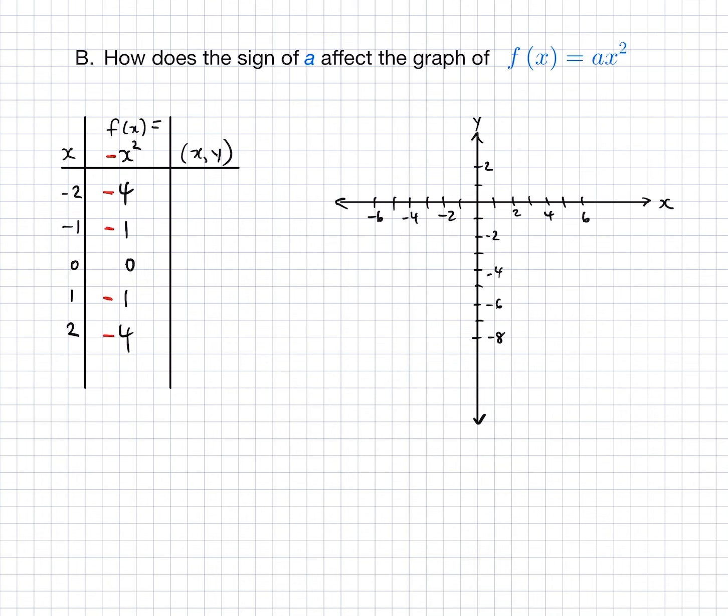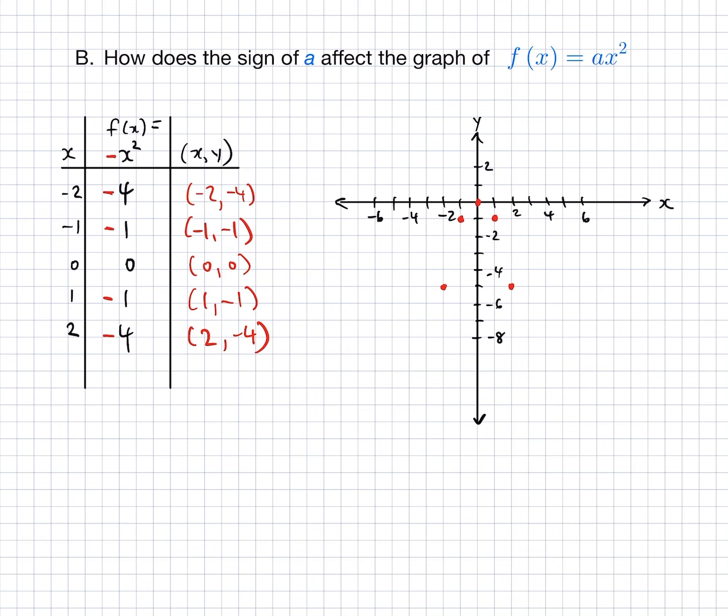So then what we end up having is the following coordinates: (-2, -4), (-1, -1), (0, 0), (1, -1), and then (2, -4). And if we were to plot these, we would plot this point: (-2, -4), (-1, -1), (0, 0), (1, -1), and (2, -4).